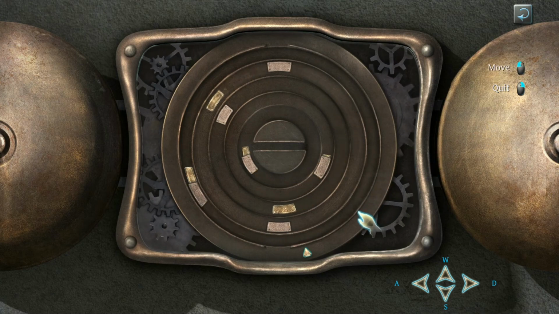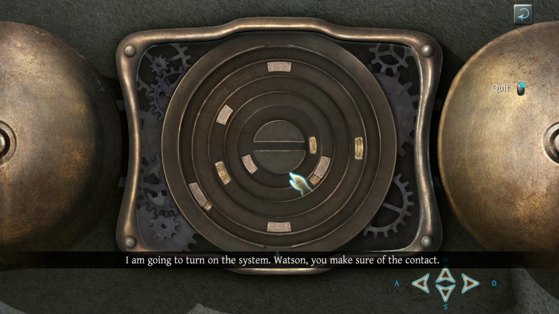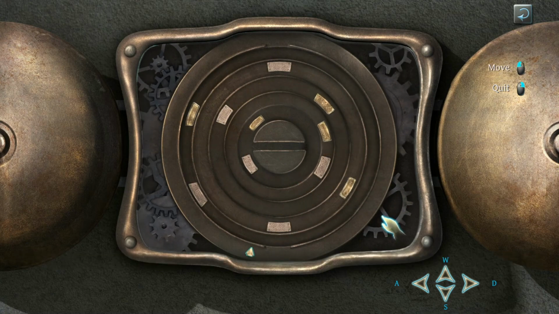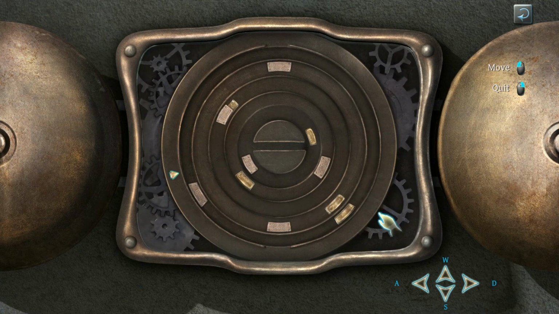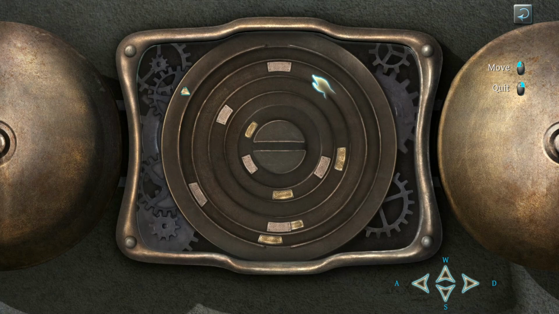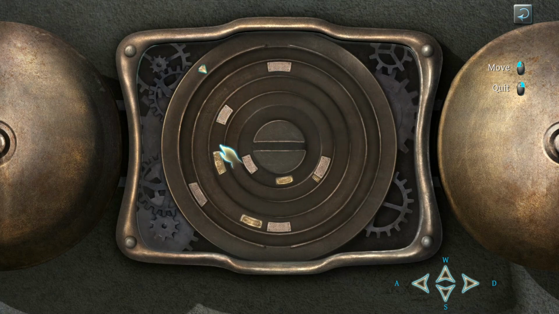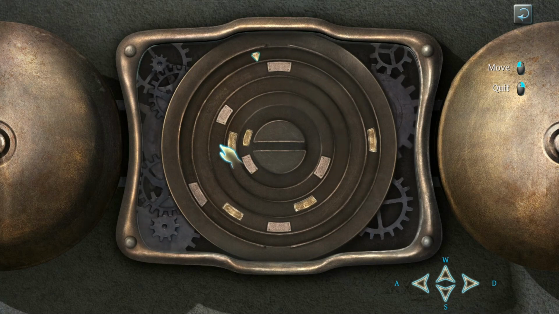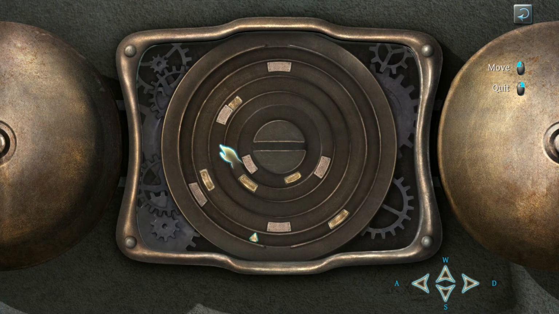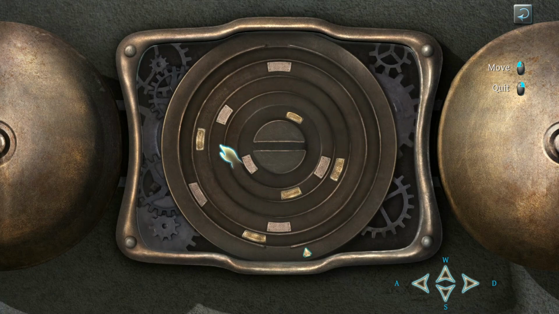Can I... Oh, no. Where is the opening in the inside part? I can't see. Okay, that's not it. Can I do... Okay.